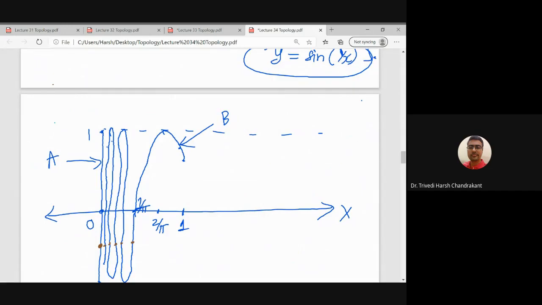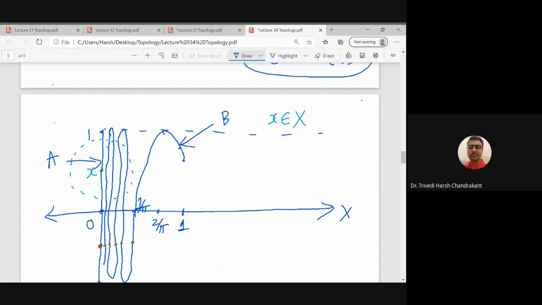So note that if I take any point in X, let us say this is my point in X. So x belongs to A, therefore x belongs to capital X. So if I take any open set which contains x in R2, the intersection of that will contain a basic open set.